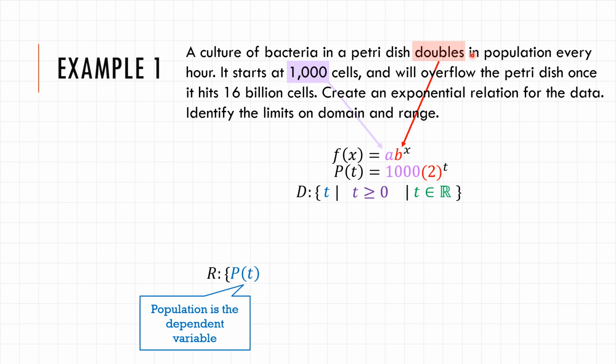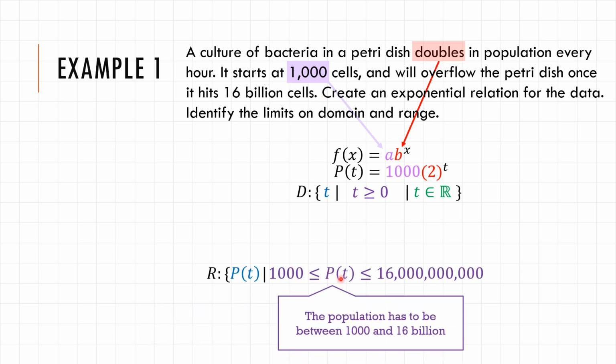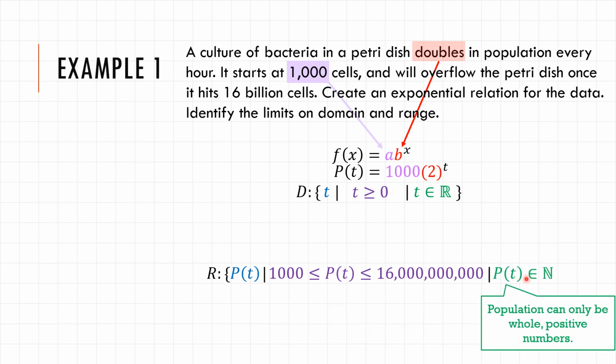However, there is an upper limit. It will never grow past 16 billion. And so the population in terms of time is what we're measuring for the range, and it has to be between 1,000 and 16 billion. And finally, population also can't be a decimal. It has to be a natural number because the number of bacteria has to be whole and it has to be positive.